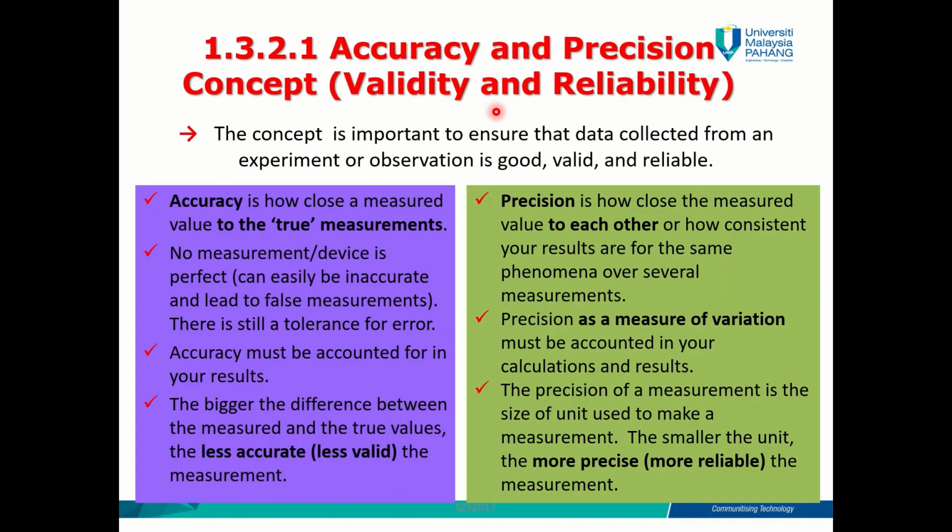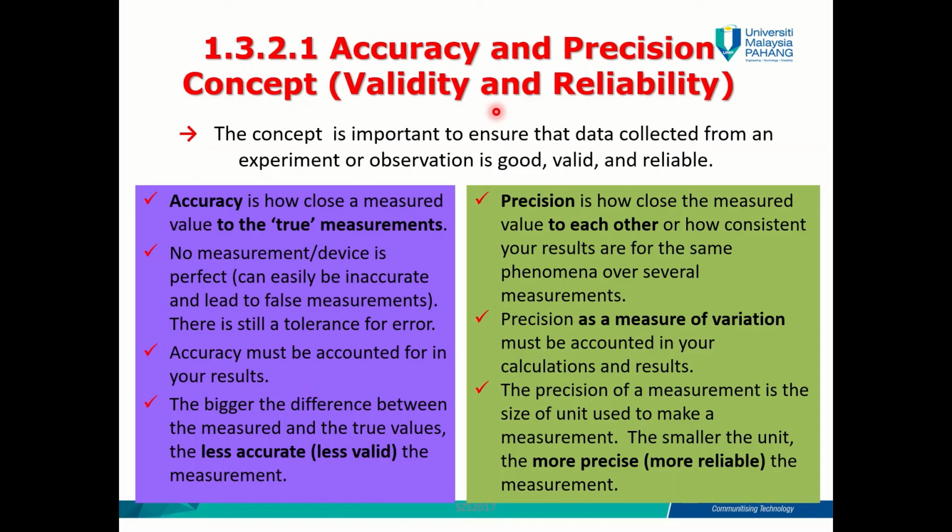Now, before we end the video, I would like to elaborate on this important concept. If you conduct an experiment or observation, when you collect data from experiment or observation, it is important that you test the validity and reliability of your measurements, of your experimental data.